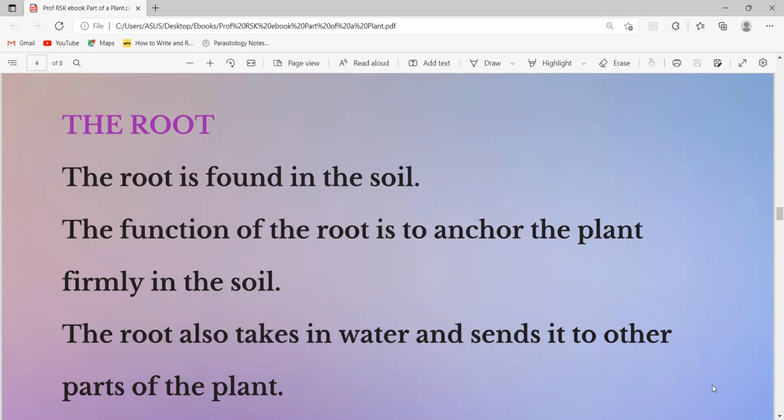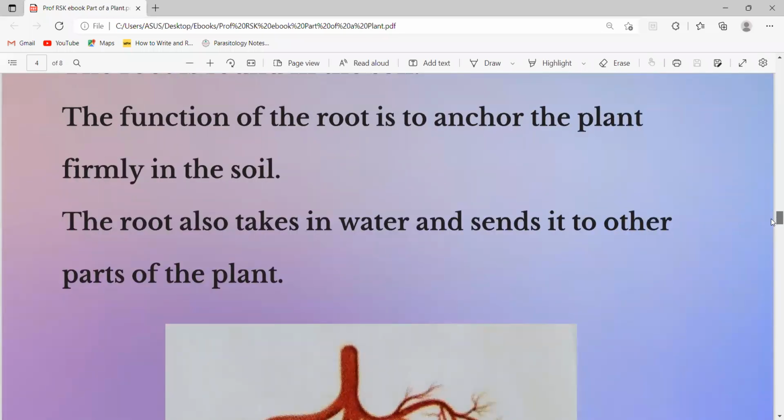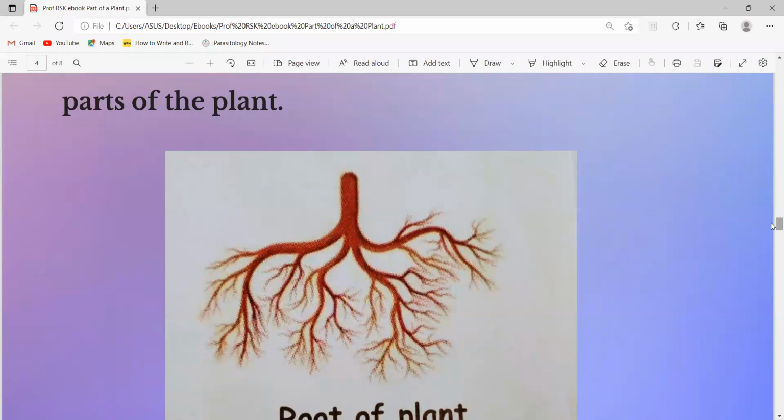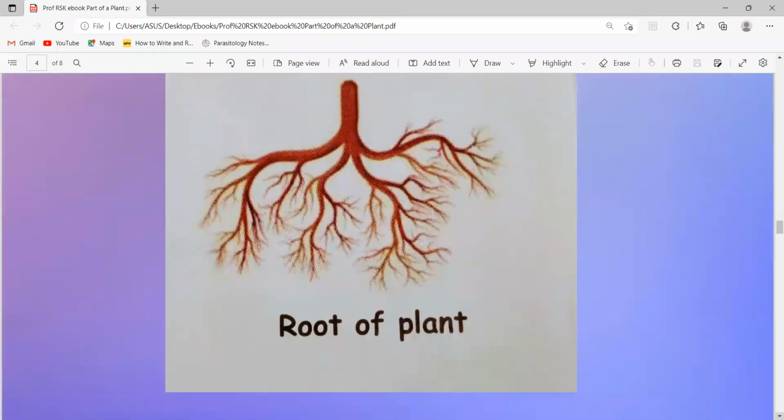It is the responsibility of the root to bring the water and the minerals from the soil to the other parts of the plant. This is a typical root of a plant.